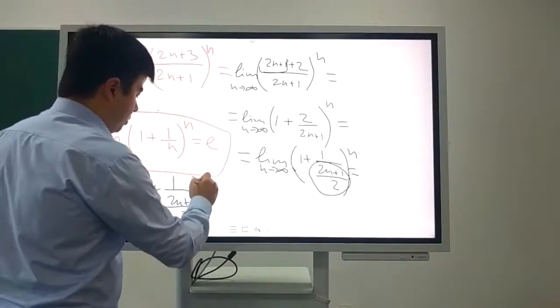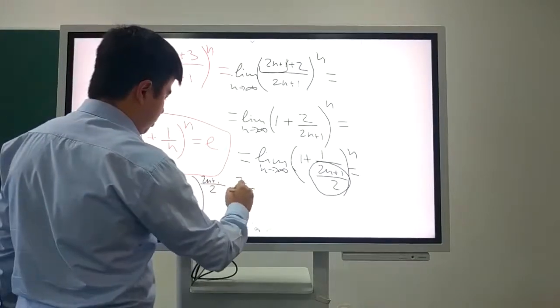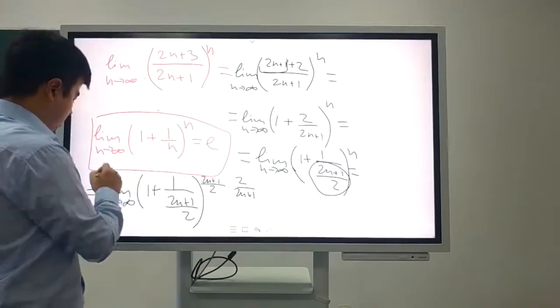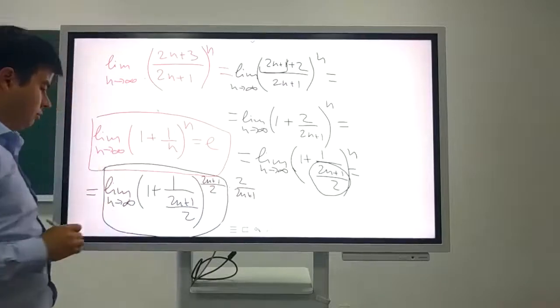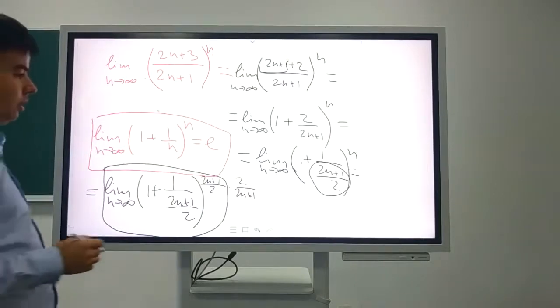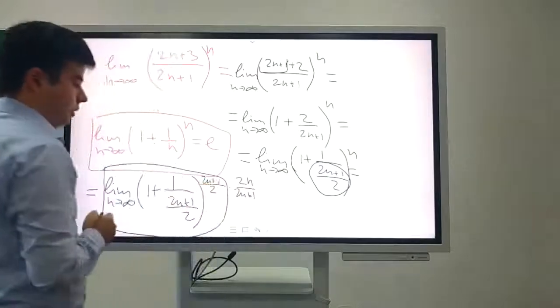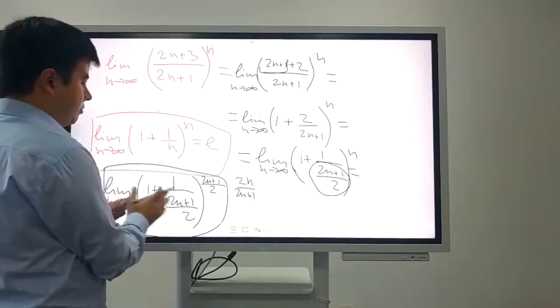So we have 2n plus 1 over 2 times 2 over 2n plus 1. They give us 1. But this one now gives us the formula, and this n we have also. So now this is the number e.